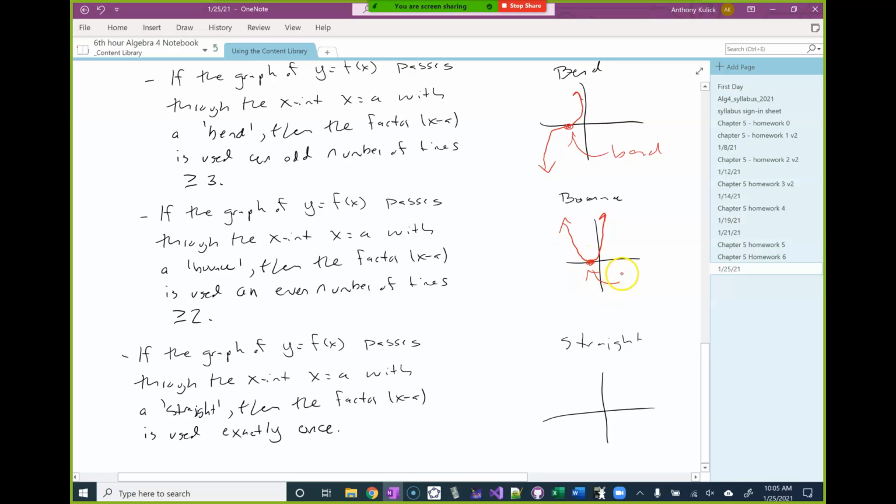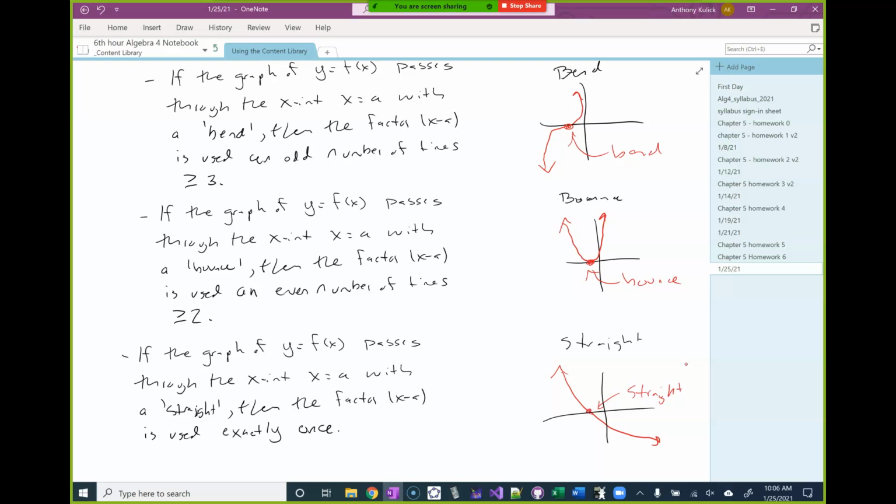So we're just talking about what the x-intercept looks like. So the bend, the graph is like curving one way, hits the x-axis, and then starts bending the other way. So it looks like that.